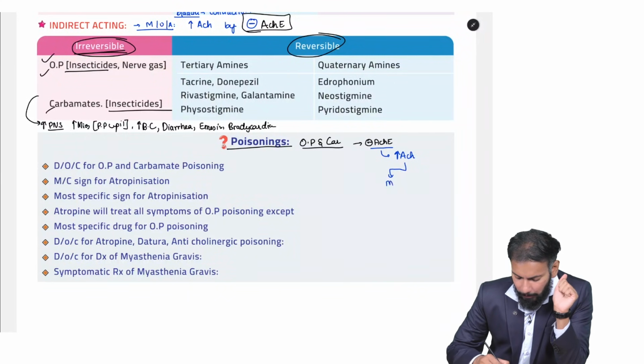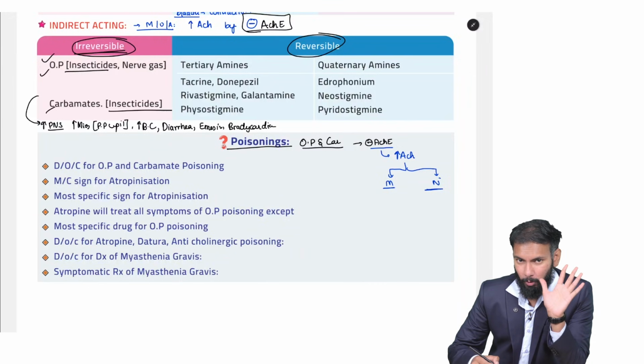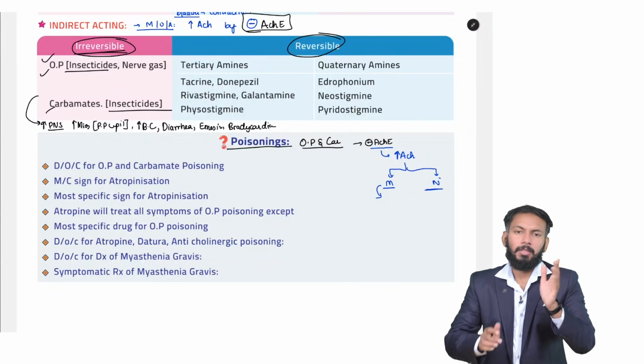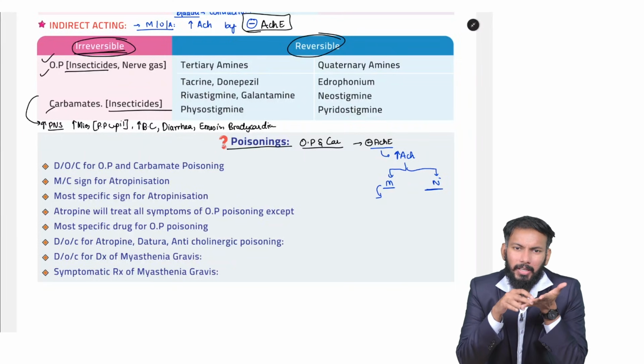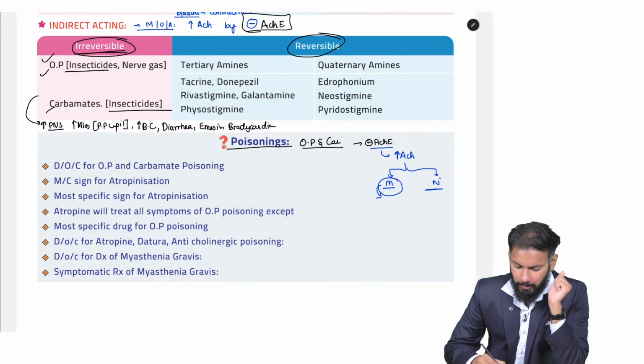Because it acts on the muscarinic and nicotinic receptors. Most of the functions that we know are because of muscarinic receptors. You already know, I've already told you the DUMBBELS, no? Yes, there is diarrhea, there is urination, then there is miosis, bradycardia, all of these things you will see in organophosphate poisoning. So the problem is because of activation of muscarinic receptors.